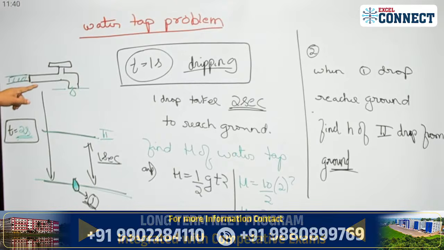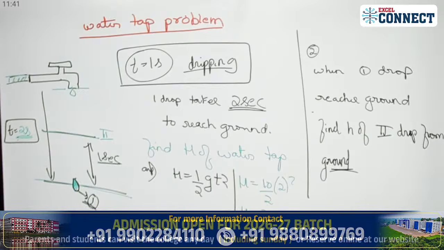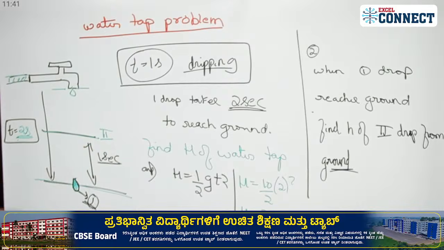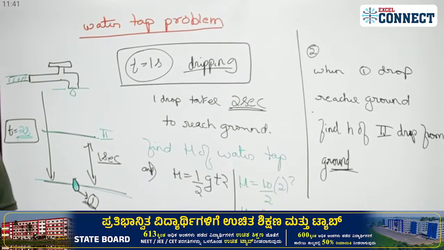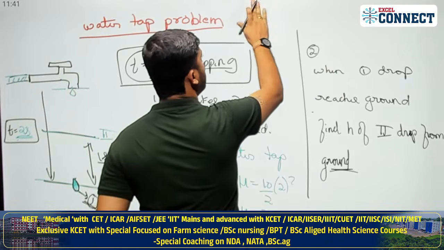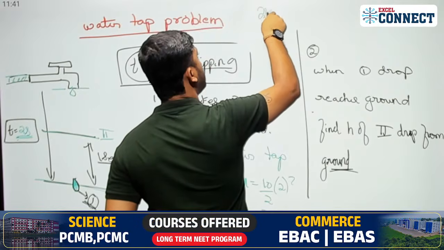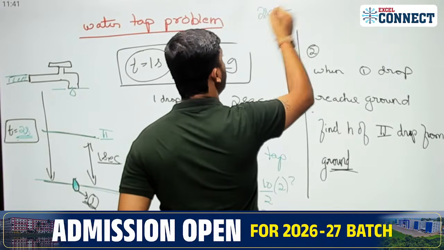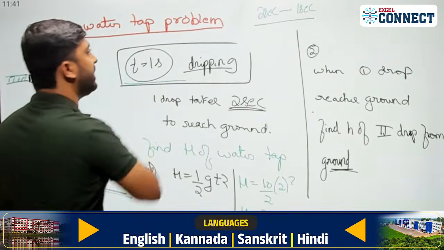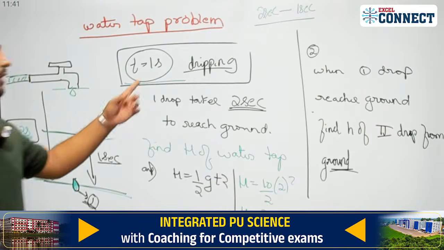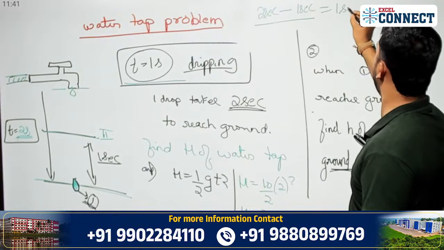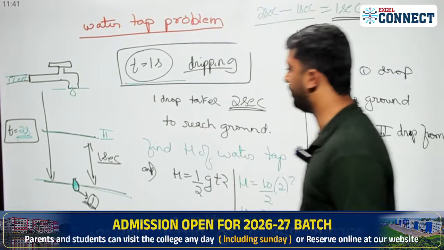The first drop will take 2 seconds, and the second drop will come after 1 second because the dripping time is given here. What is the time taken by the second drop?